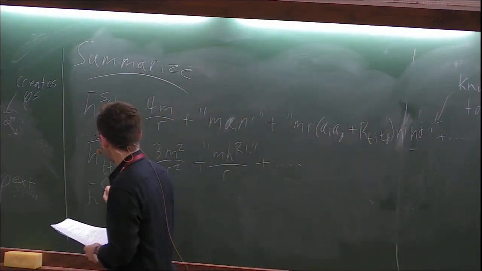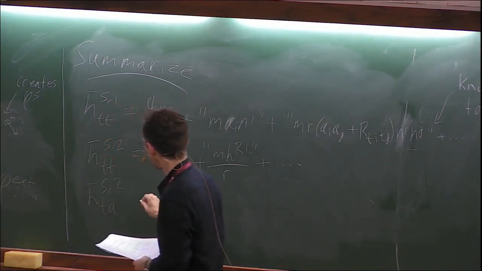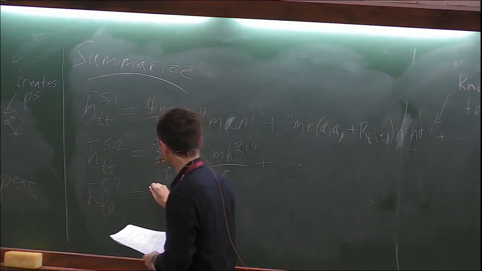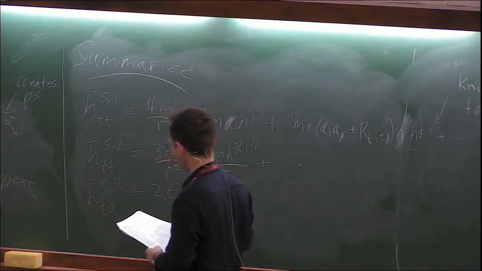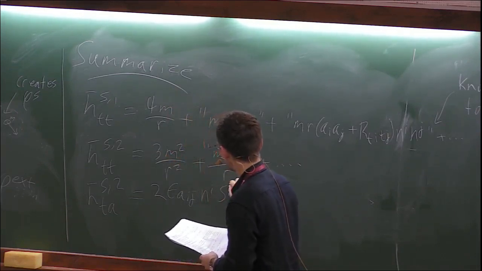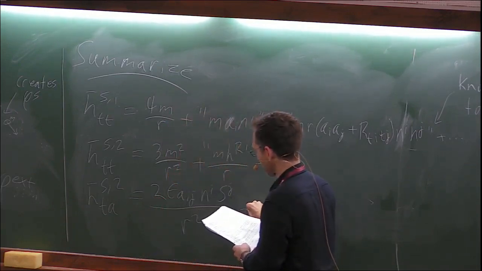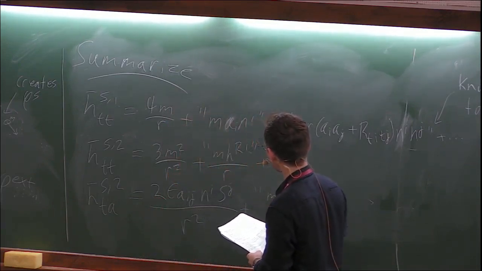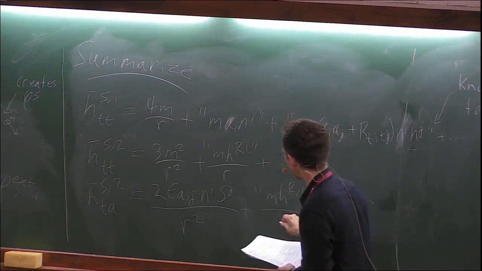And then it's actually in the mixed time space component where you get the spin appearing: 2 epsilon aij n I s j over r squared. And then again you have things that are like mass times first order regular field.